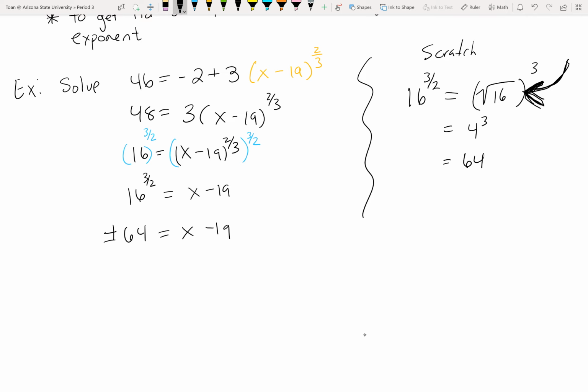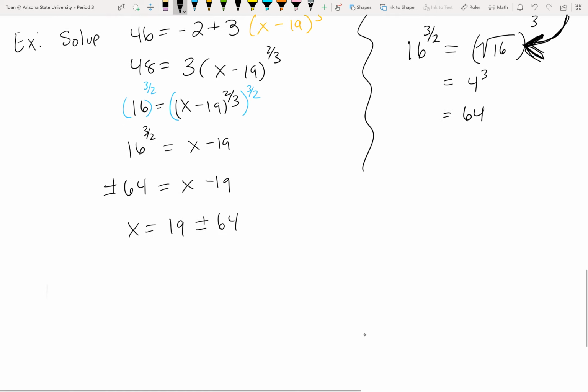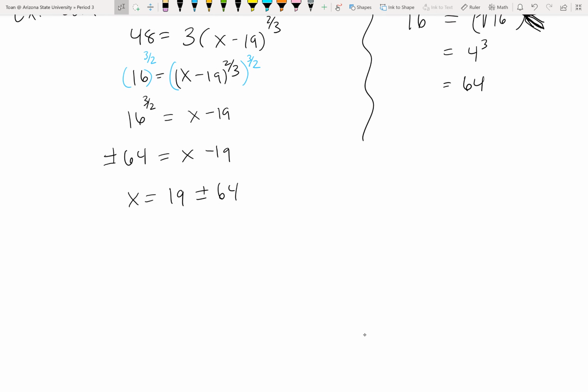And then you go ahead and solve it by adding 19. x equals 19 plus or minus 64. Since my answer does not contain any special symbols, like a square root, I expect everyone to go ahead and split apart the answers. So x equals 19 plus 64, x equals 19 minus 64, so you get two separate answers.